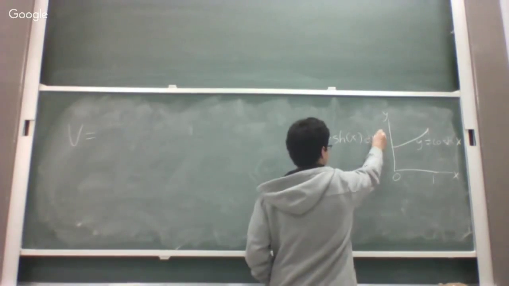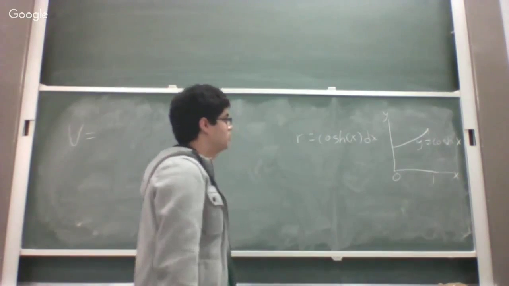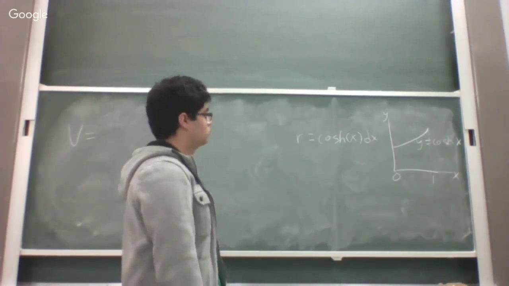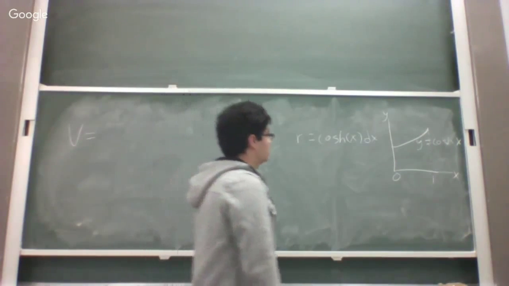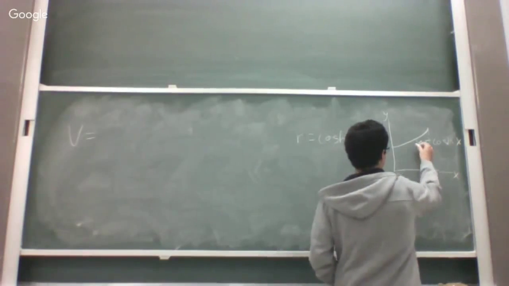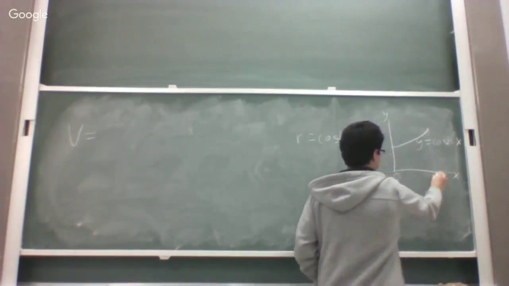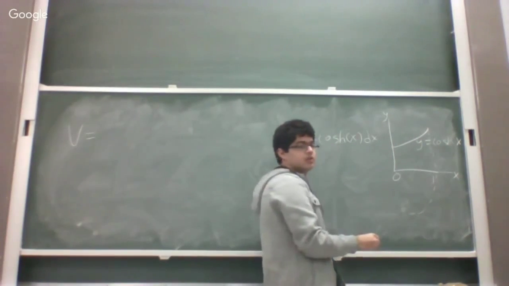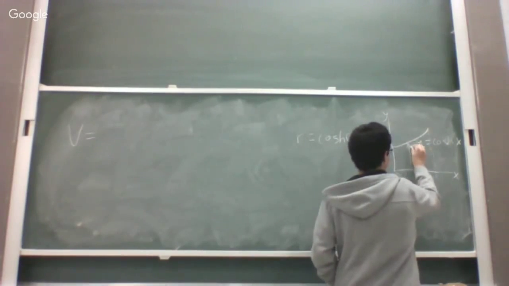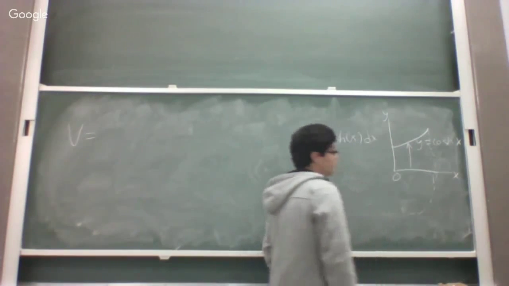I feel like we're supposed to figure that out on our own. If it's rotating about the x-axis, you can say that the radius is y equal to cosh of x.